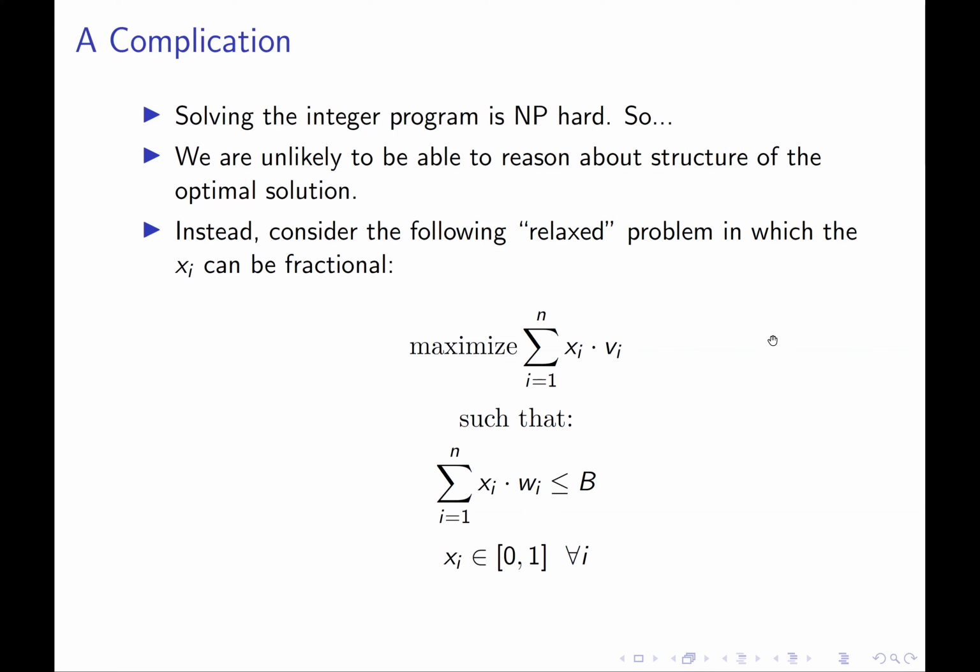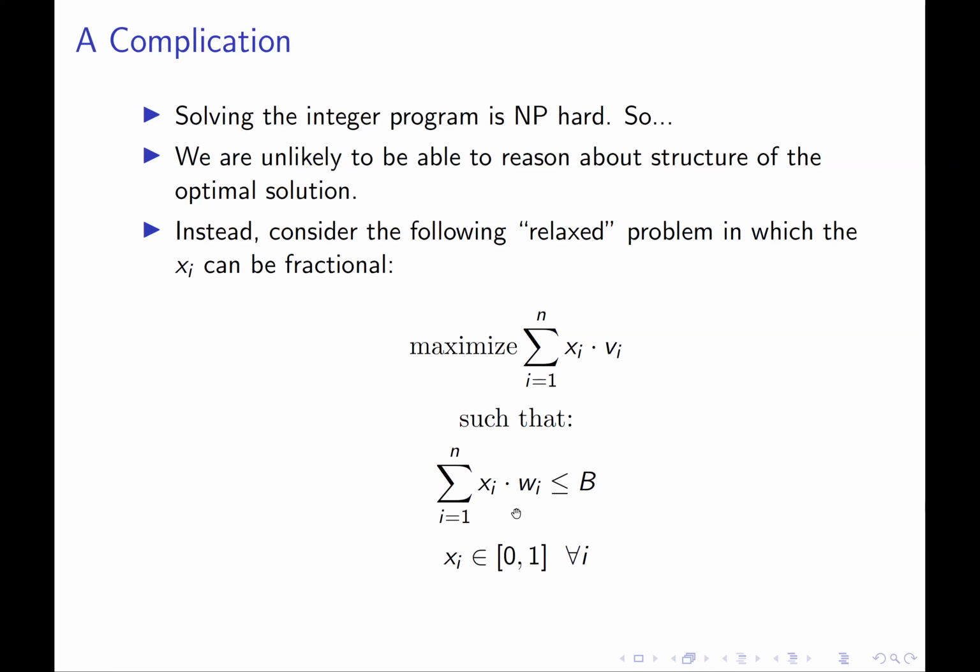We're maximizing the same objective, the sum of the xi's times the vi's, subject to the same constraint: the sum of the xi's times the wi's has to be less than or equal to b. The only difference is that now each xi doesn't have to be either 0 or 1. I could set an xi to be 0.2 or 0.9. And this turns out to make a lot of difference.